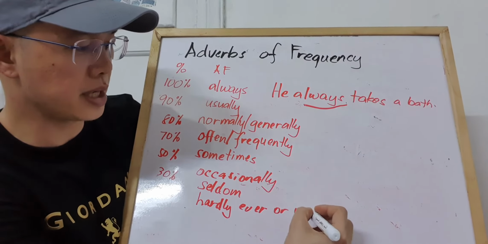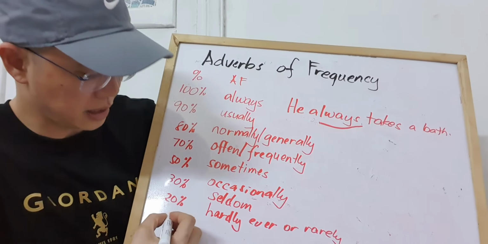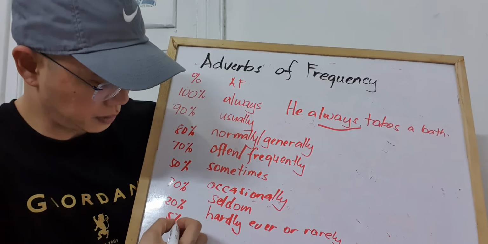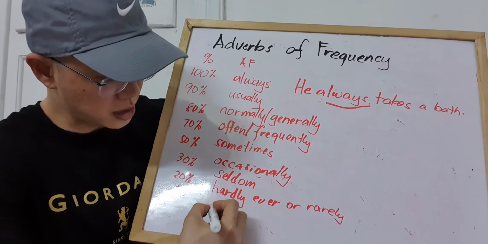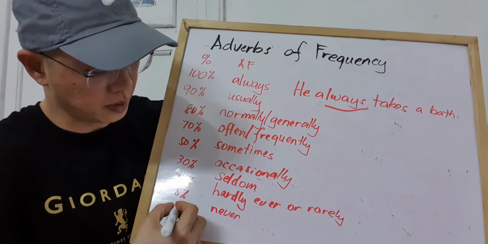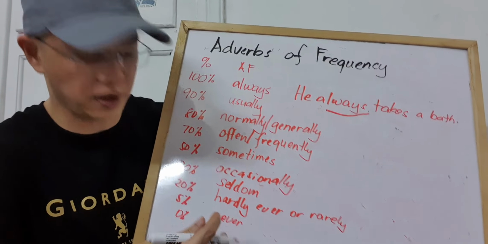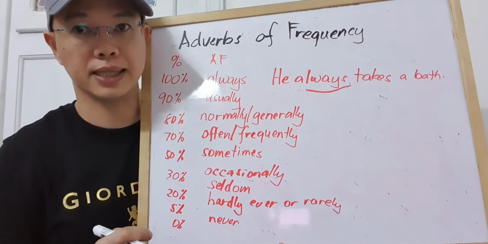Or rarely. And that is around 5%. And of course, you have never, which means you never do something. So 0%.